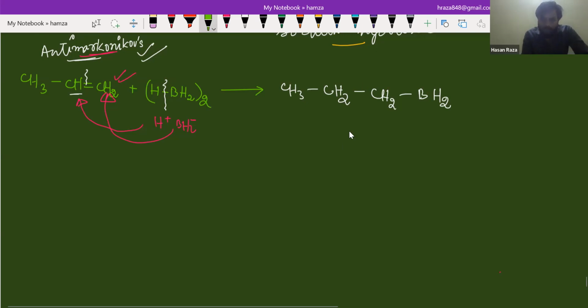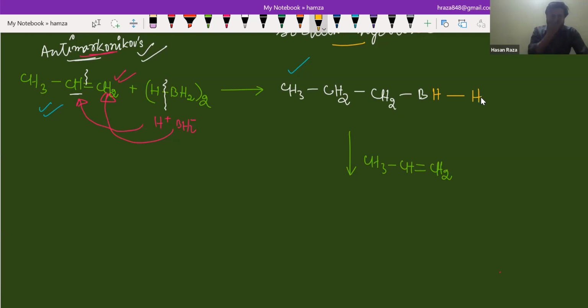Okay. Now see, the next step will proceed with CH3-CH=CH2. We are going to react this product with this reactant, and again there will be the same procedure. Can I write this BH2 as BHH? Yes or no?